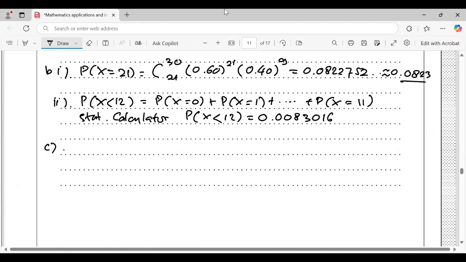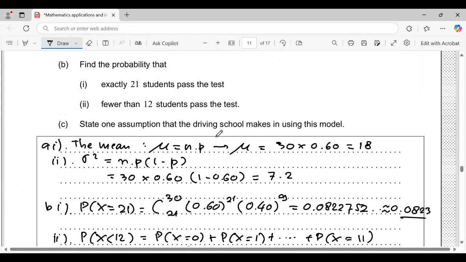C. State one assumption that the driving school makes in using this model.